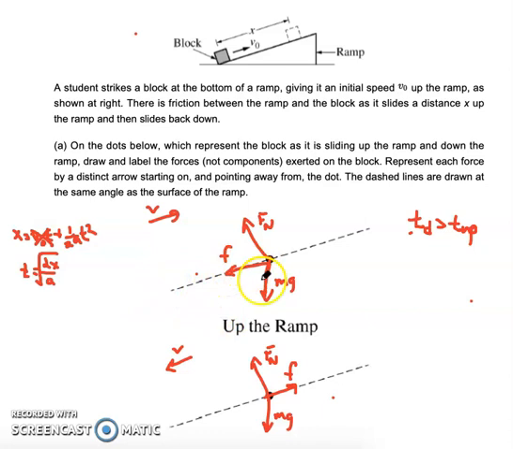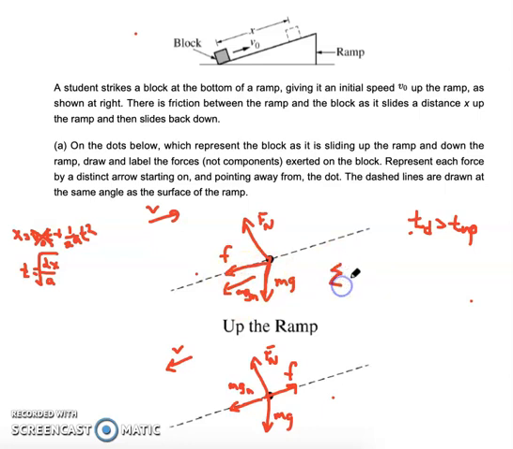We'll look at forces. So in case A, we have not only the friction force down, but the parallel component of gravity is down as well. In the other case, the parallel component of gravity is still down. And we can see that since F and mg parallel are acting together, they add.